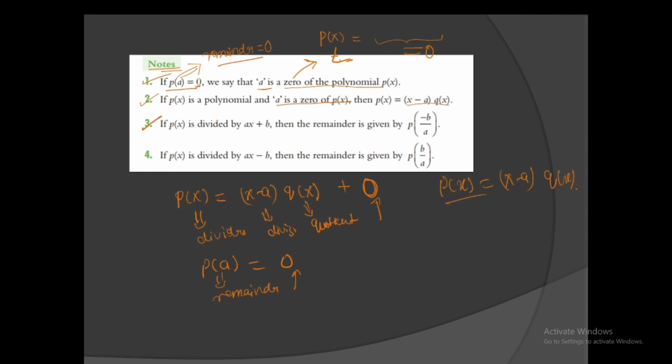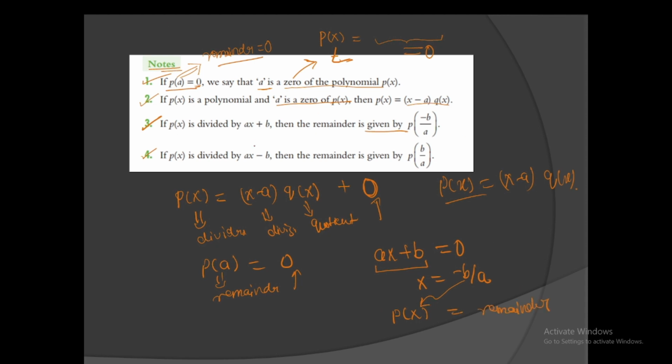So if p of x is divided by ax plus b, then the remainder is given by this thing. Now points 3 and 4 are basically the same, but there is a sign of minus. What I told in the beginning is that we will equate the divisor to 0. The thing by which we are dividing, we equate the divisor equal to 0. So from here we get the value of x to be minus b by a, and putting this expression back, we get the remainder, right?